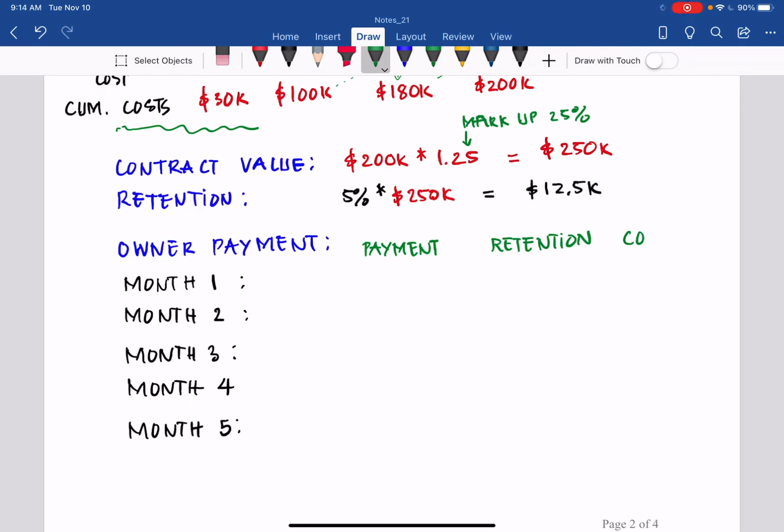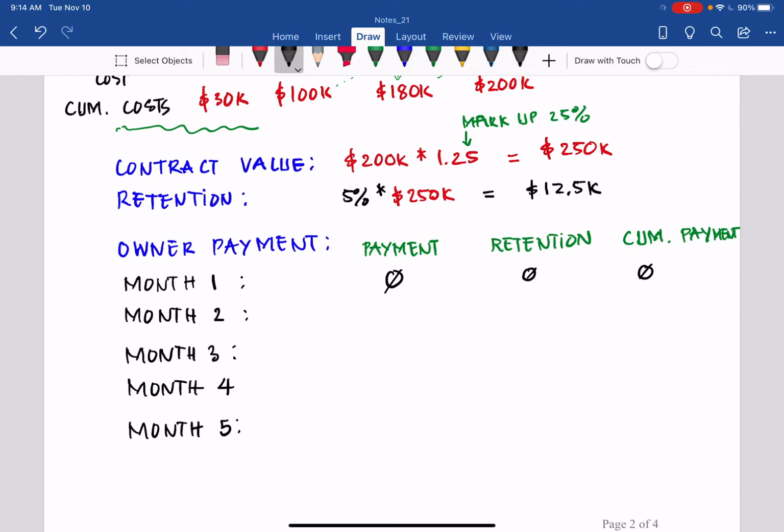And we have cumulative payment. So for month 1, nothing yet. You're not paying, because you pay a month later. So we have 0 payment, then no retention, and of course 0 cumulative payment.